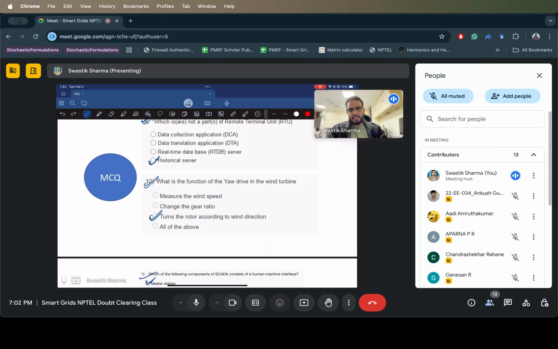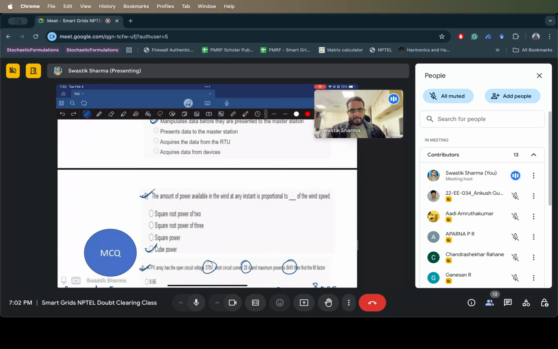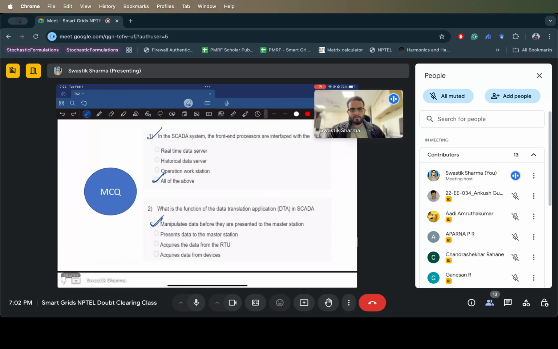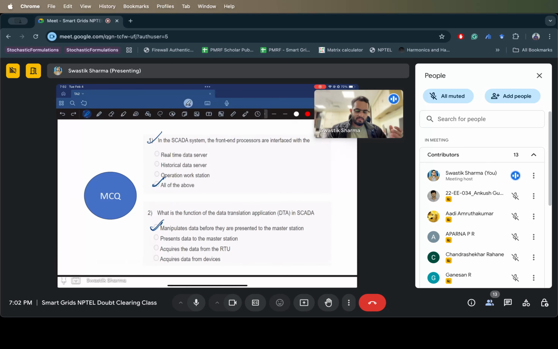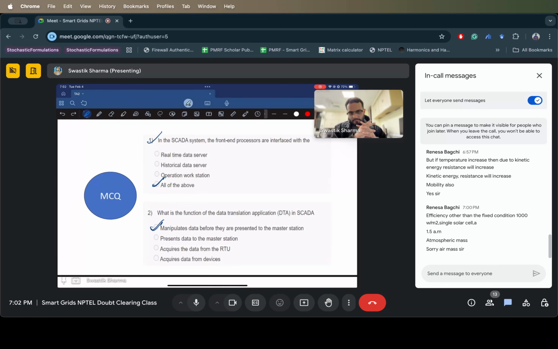In that data sheet, all of the fixed conditions with which a particular IV characteristic is developed, you can see over there, and you'll see that with the temperature increase, the short circuit current you're getting from this solar cell will be high. When it is one air mass, the rays of the sun are overhead, and when it is 1.5 air mass, the sun's rays are vertical to the earth.